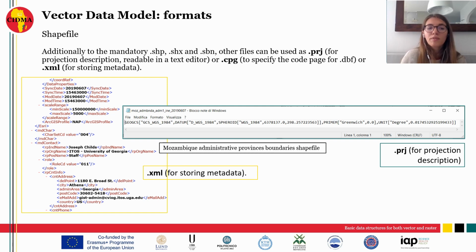Or for example, you can see here in the yellow rectangle, there are also the minimum scale or maximum scale that the vector layer is suggested to be looked at. And so on. There are also other files that here I did not mention.